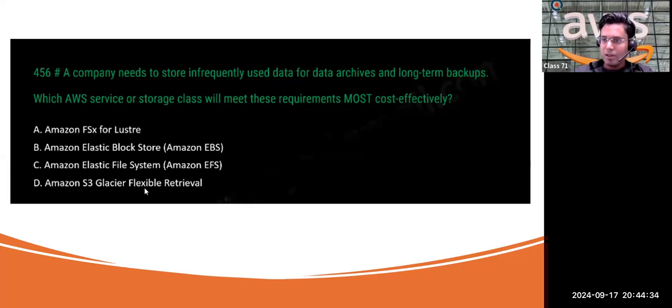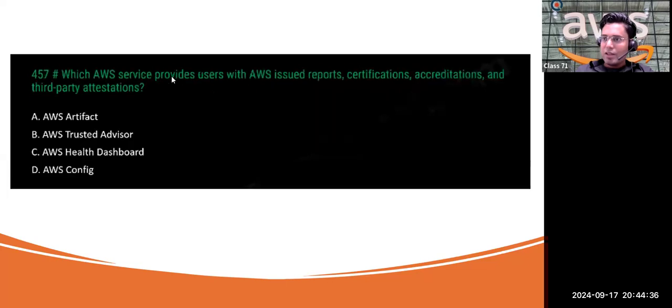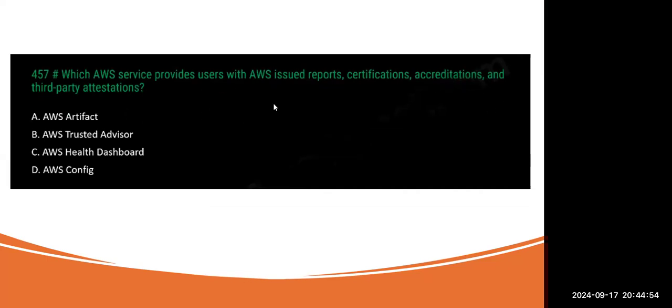So only this one. Which AWS service provides users reports, certifications, and third-party attestation? Okay, I already explained this: if they are talking about reports, certifications, artifacts, that's AWS Artifact. Yeah, correct.